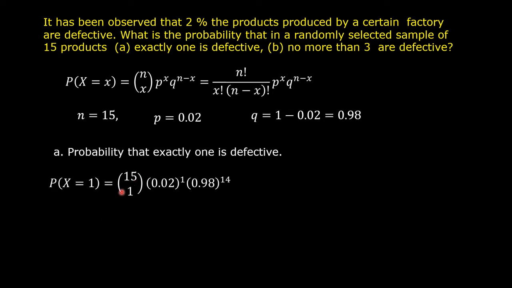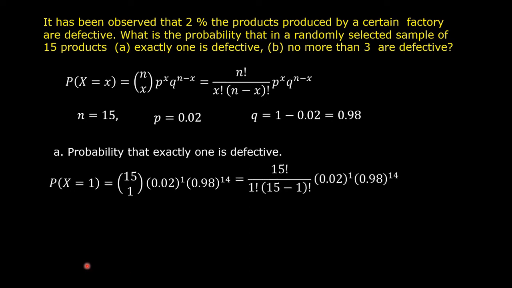So this is now equal to 15 choose 1 times 0.02 raised to 1 times 0.98 raised to 14. 14 because n is 15 and x is 1, so 15 minus 1 is 14.